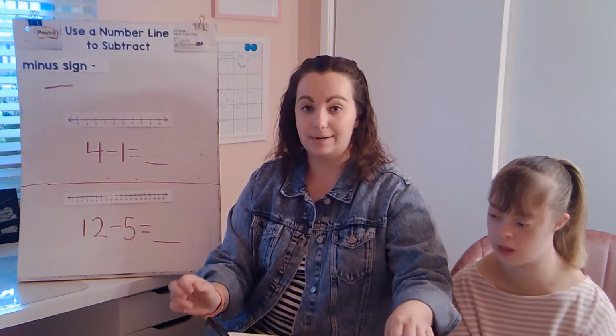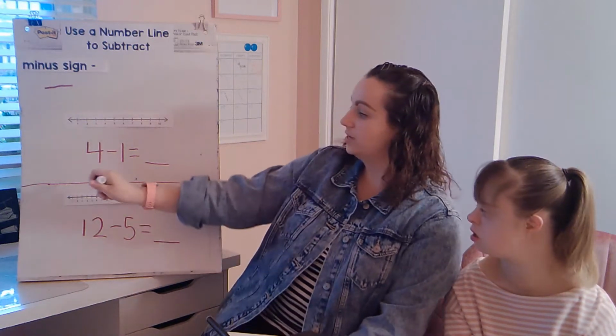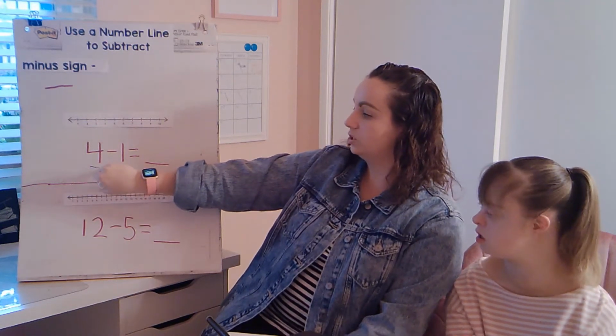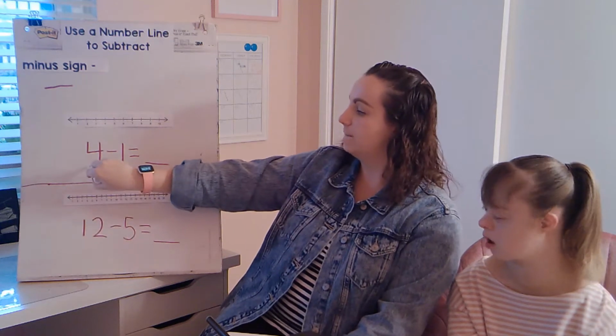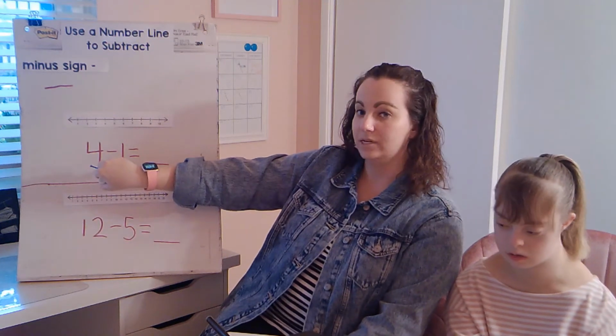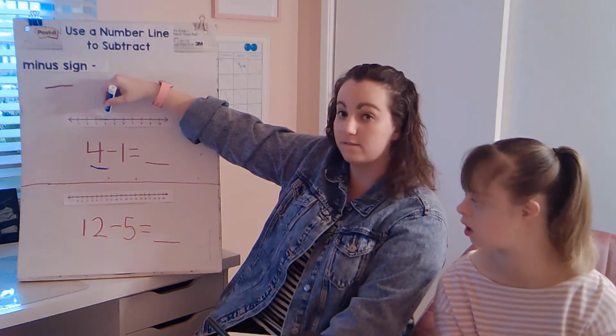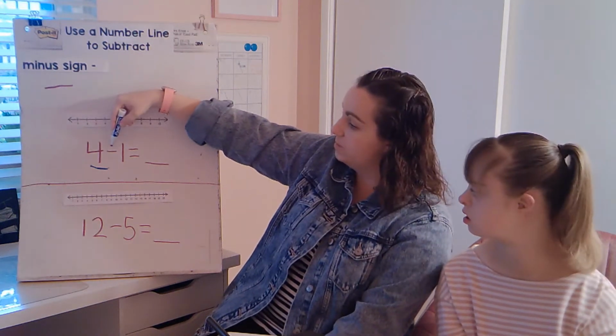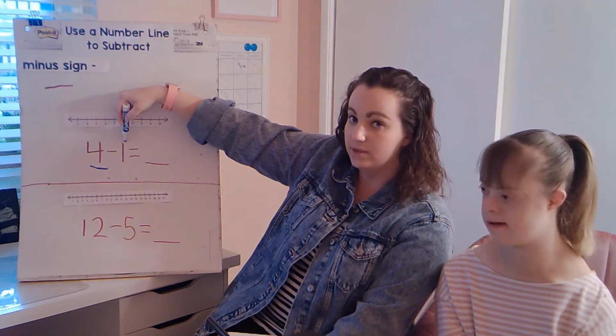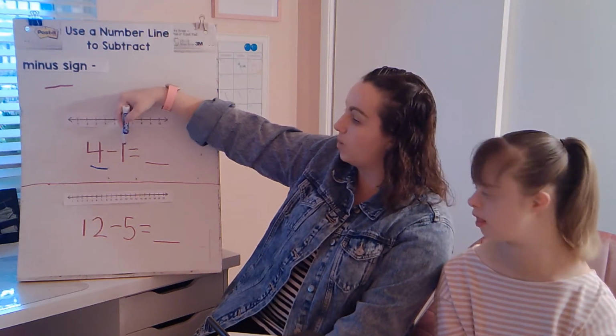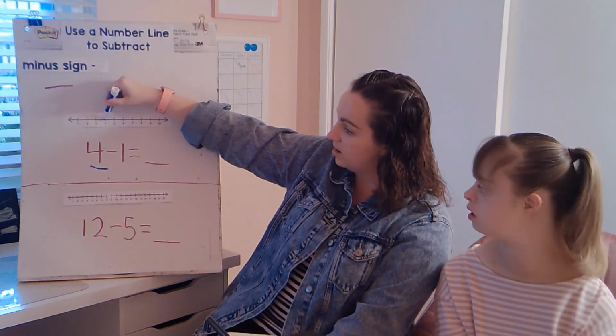For subtraction using a number line, you're going to start at the large number, the whole, the number you're subtracting from. So in this case, we're going to start at 4. You're going to put your pencil on 4. Then you're going to move back this many spaces. Take away 1. You're going to move back 1 space.